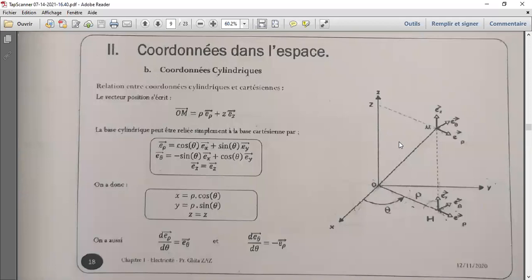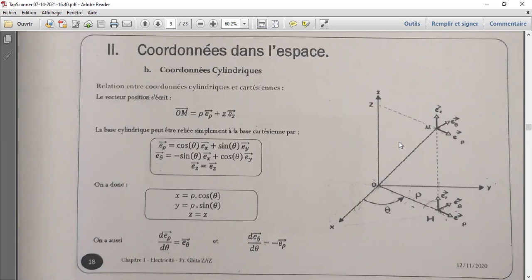For this one, we're just going to look at how to express the first one. Then for the other one, you'll be deriving, and I'll tell you how to derive, because the relationship between cylindrical and Cartesian coordinates is not really important for you, but we're just going to look at it to have an idea how to come about it.